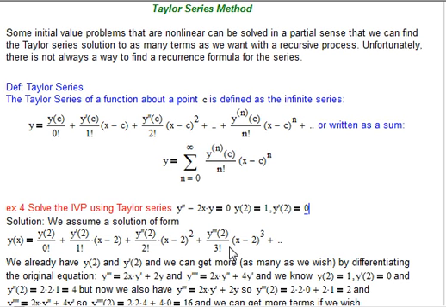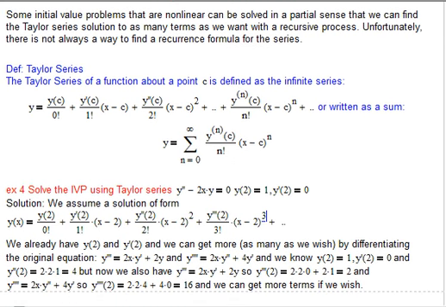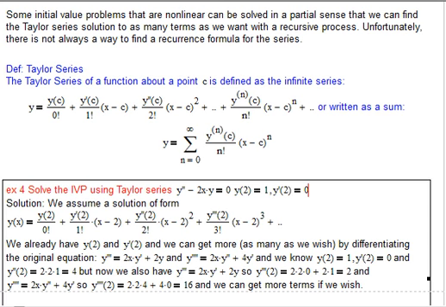So what we do is we assume the solution is of this form: y of 2, we're making 2 the center, over 0 factorial, plus y prime of 2 over 1 factorial times x minus 2 to the 1, plus y double prime of 2 over 2 factorial times x minus 2 squared, etc., y triple prime of 2 over 3 factorial times x minus 2 cubed. So we already have y of 2, that was given as an initial condition, and we already have y prime of 2 as an initial condition.